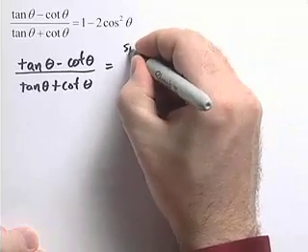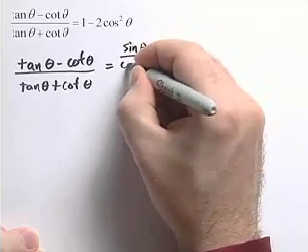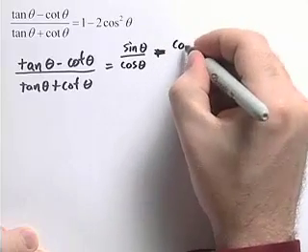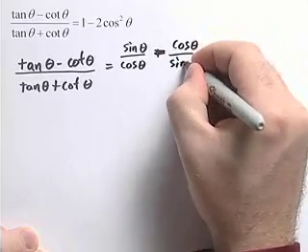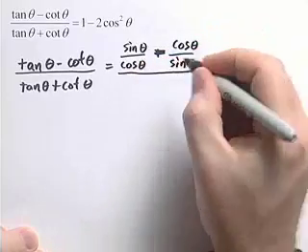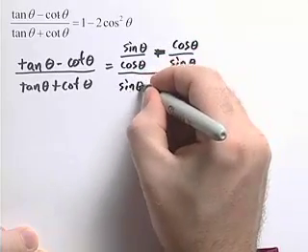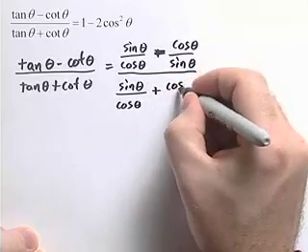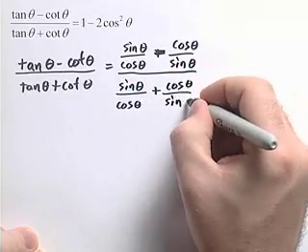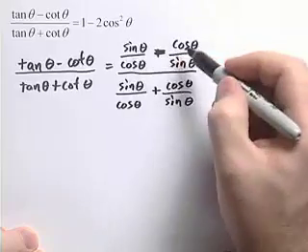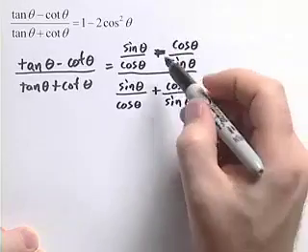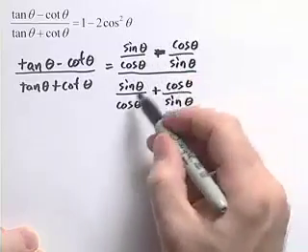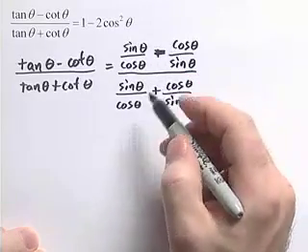So we're going to have sine of theta over cosine theta, minus cosine theta over sine theta, all divided by sine theta over cosine theta, plus cosine theta over sine theta. And we've got two fractions in the numerator and two fractions in the denominator. We'd like to get a common denominator so that we can combine these fractions, and get a common denominator so we can combine these fractions.